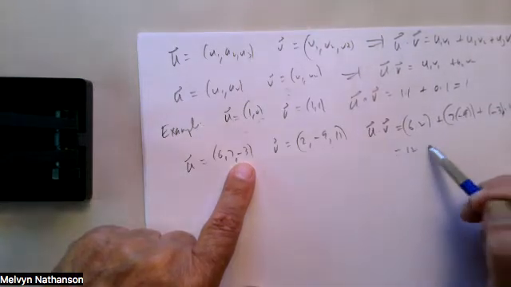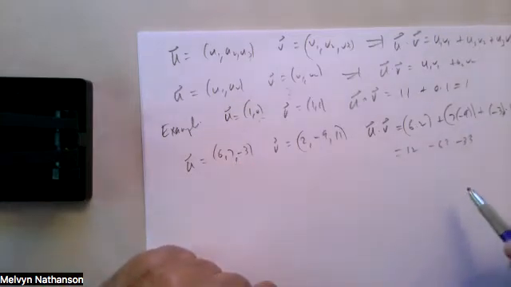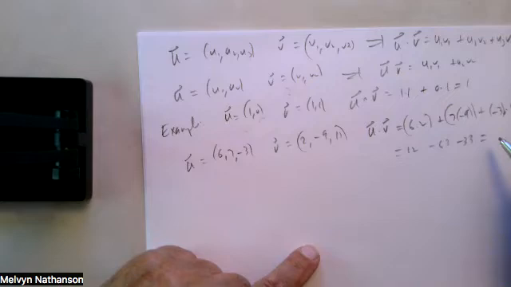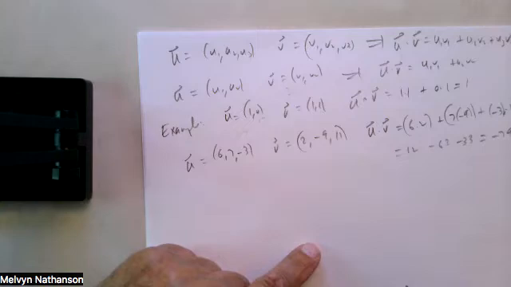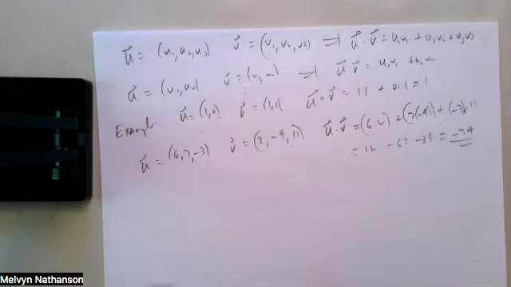So I get 12 minus 63 minus 33, which is -41 minus 33, which is -74, I think. So that's the answer, -74.